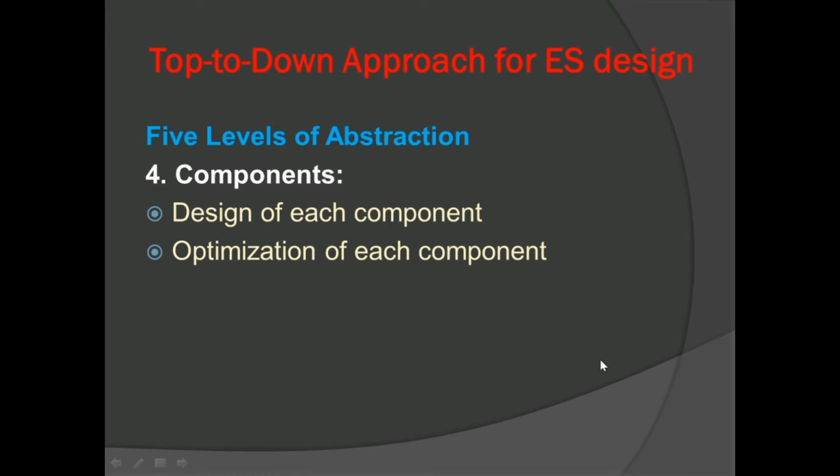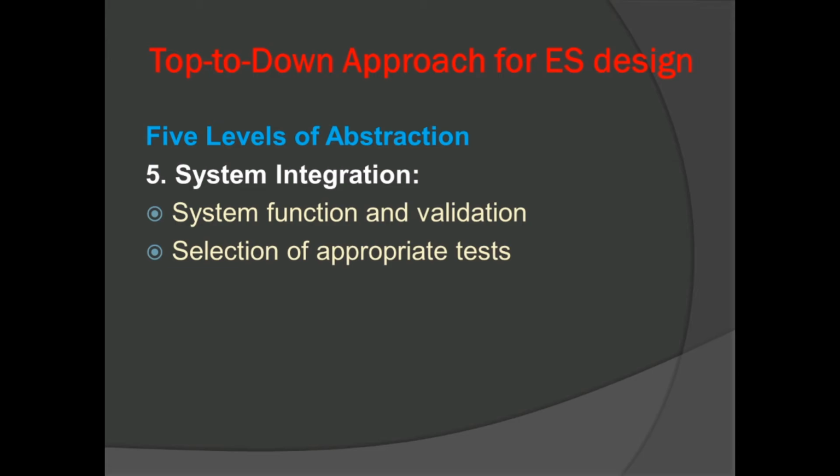Some typical examples of components are processors, memory, RAM, ROM, peripheral devices, ports, buses, and power source or battery management system, right? These are the typical examples of components. So you have to consider these things, and then we can move towards the next level of abstraction called system integration. Now system integration talks about the system function and validation.